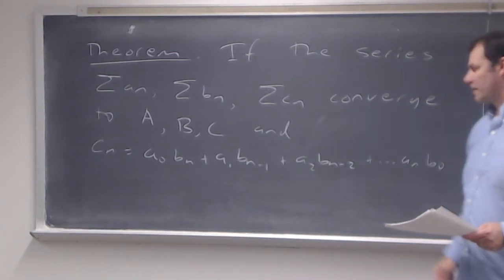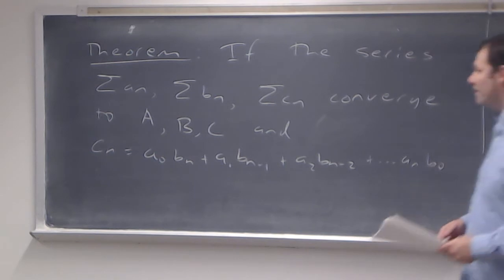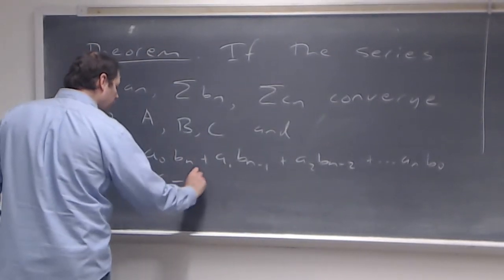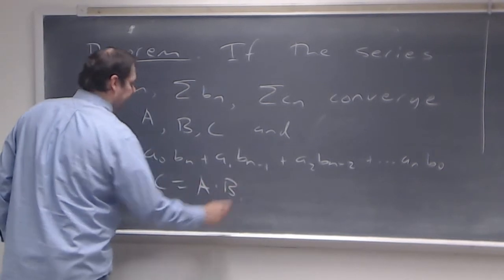So this is the product series. Okay? Then C will have to be equal to A times B.